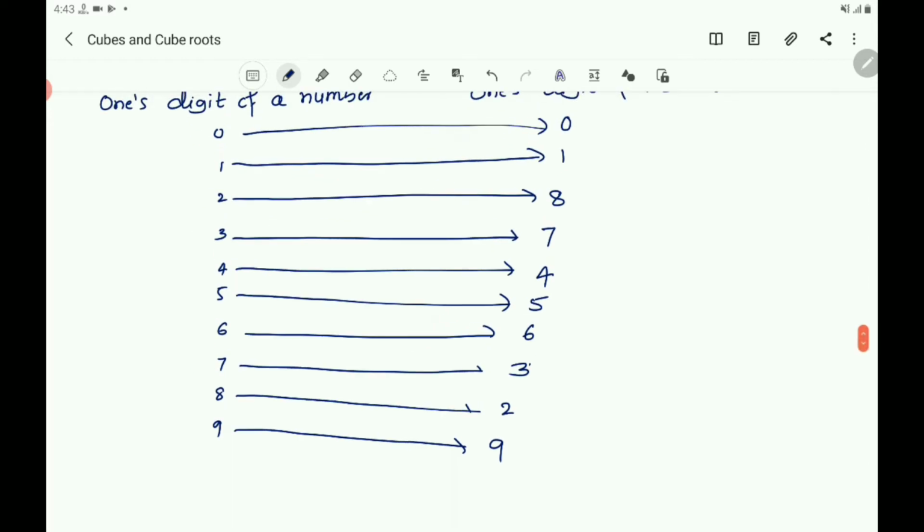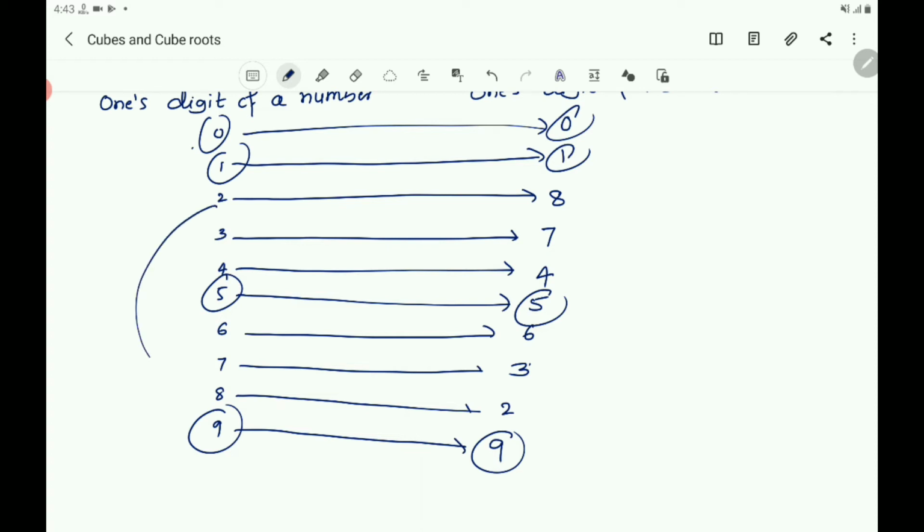In this way, we can verify: 0 for 0, 1 for 1, 9 for 9, and 5 for 5. And the remaining ones exchange: 2 for 8, 8 for 2, 3 for 7, 7 for 3. Then 4 is also for 4.